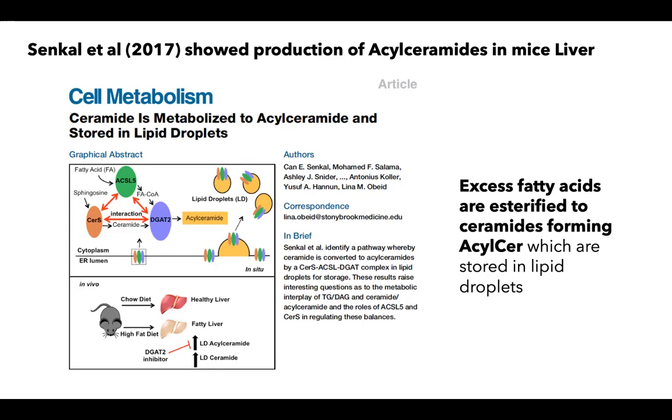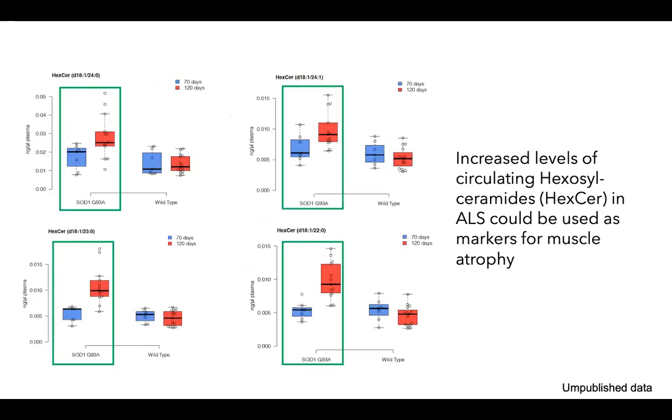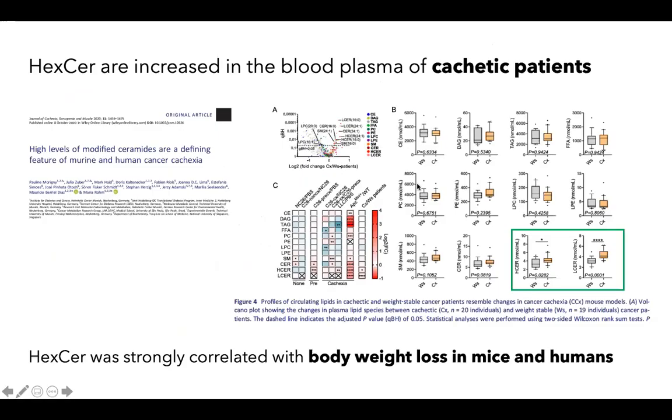And do you have an idea to treat the hypermetabolism, or do you have a molecule to do that yet? Not yet. So if we come up with a molecule that we believe reverses hypermetabolism, then you could test it in your system and look at that, right? Yeah, okay.